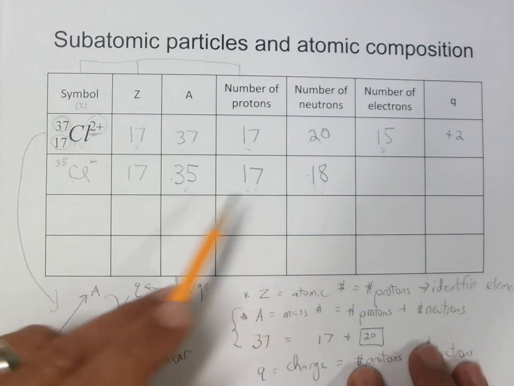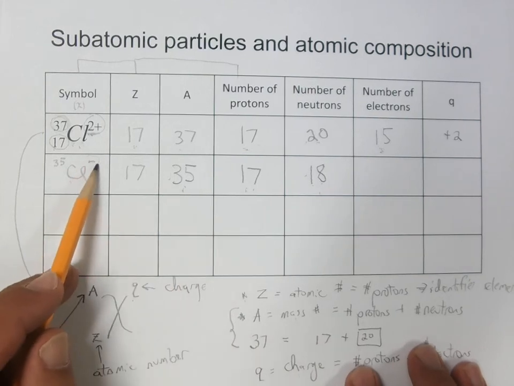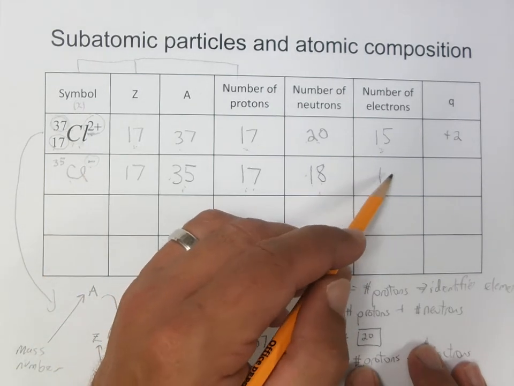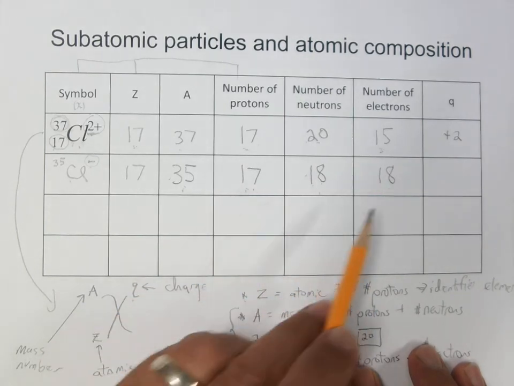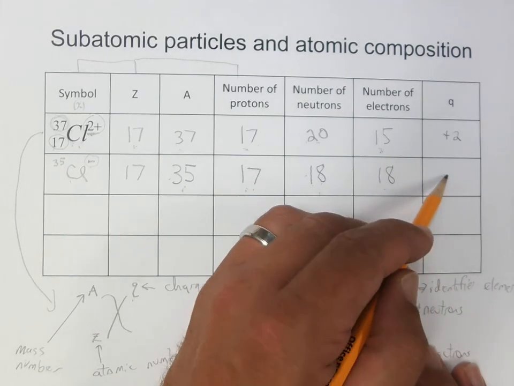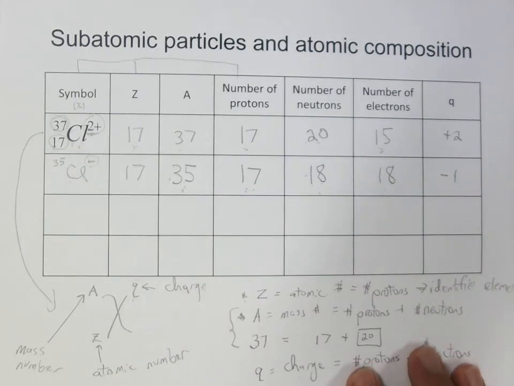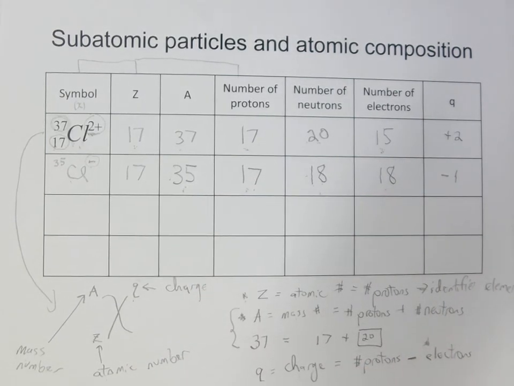Then in this one, since we have a negative charge, we have more electrons than protons for an excess negative charge, and it's only one more. So we have 18 electrons here. So now if we go 17 protons minus 18 electrons, we get the -1 charge. So here's a couple of examples of ions.